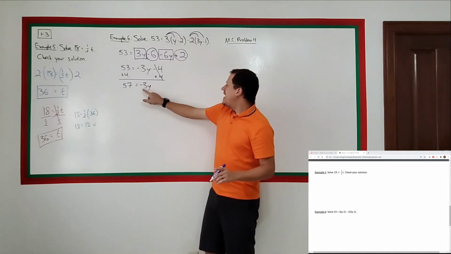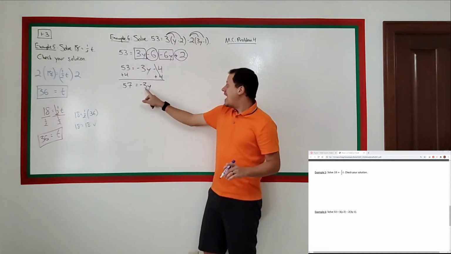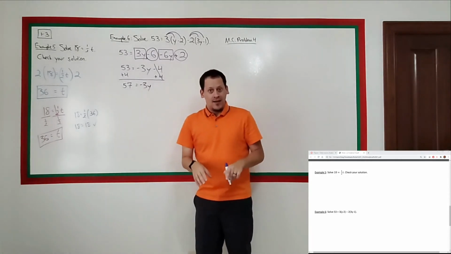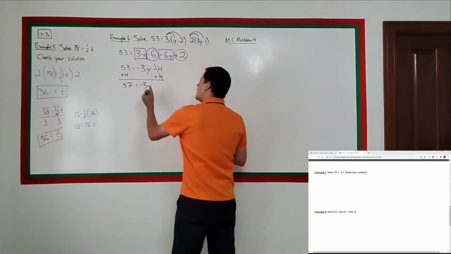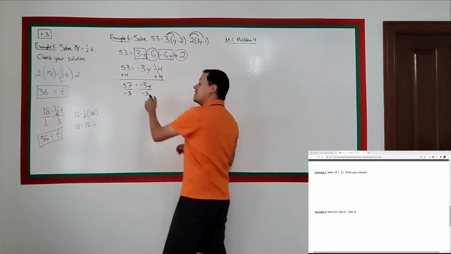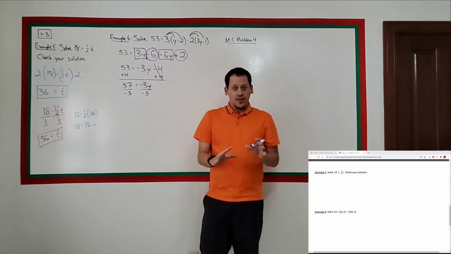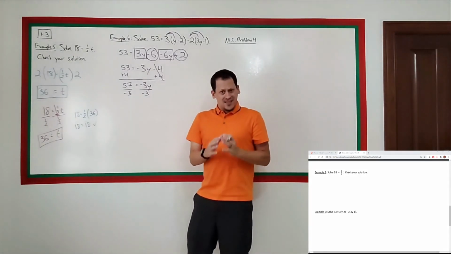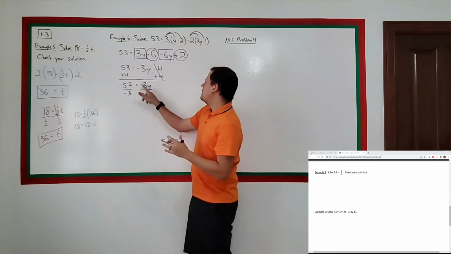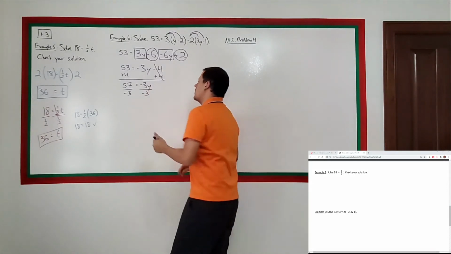So to get that -3 over here, if there's multiplication happening, we need to divide both sides by -3. That's how we get the -3 to cancel out. So if you've always had trouble with that, try and get it to stick this time. If you have -3 times a letter, divide both sides by -3 to move it over.